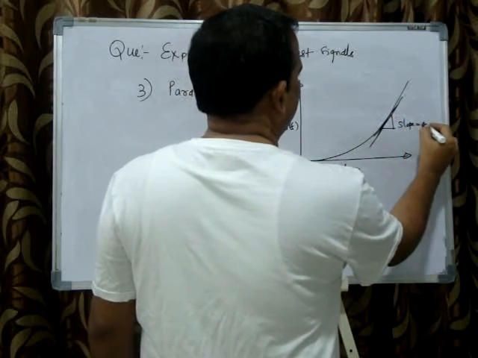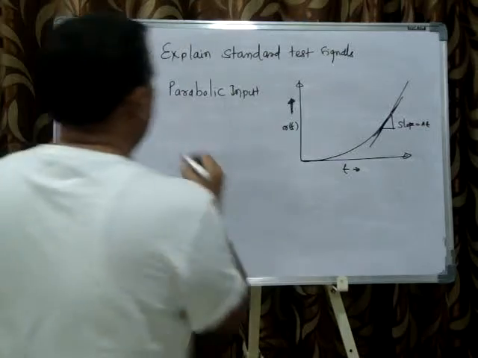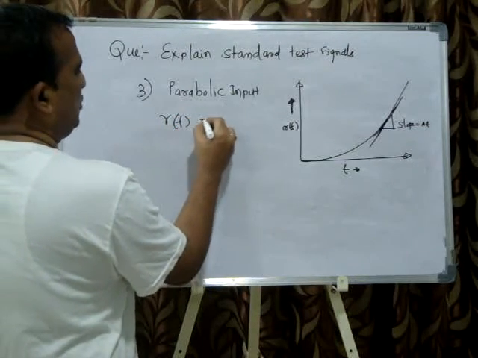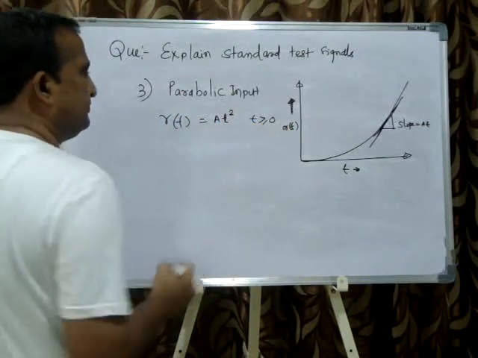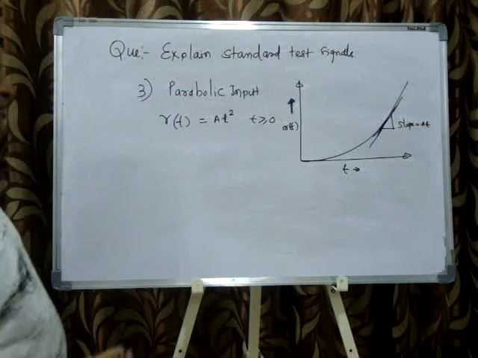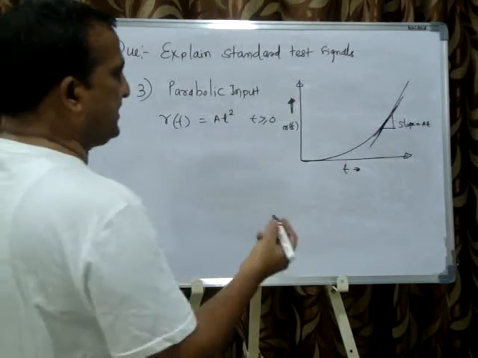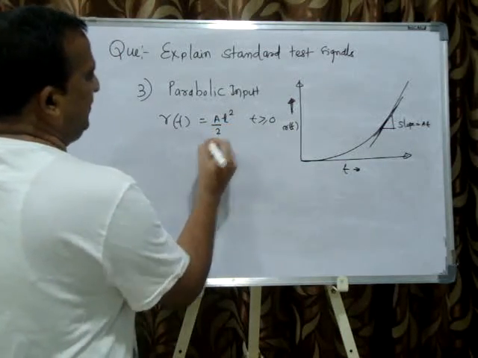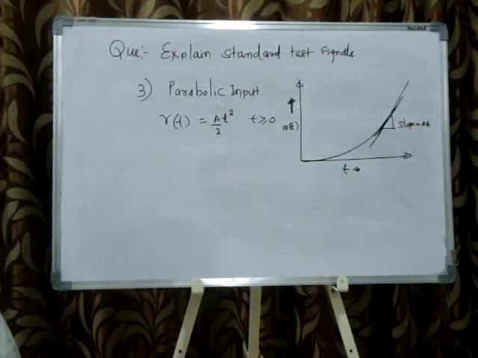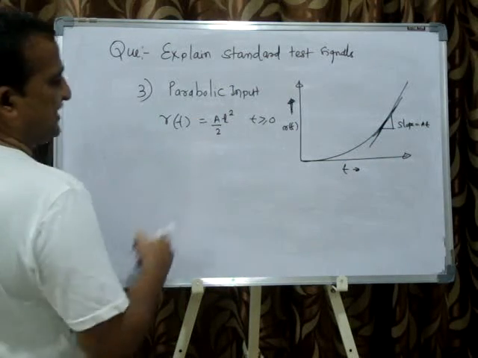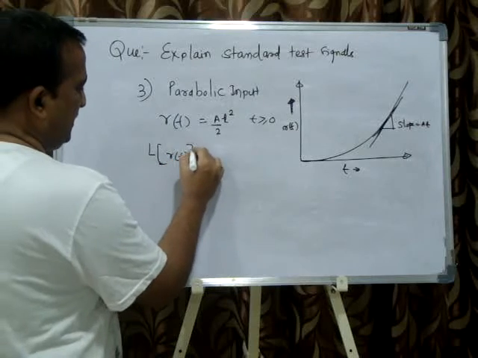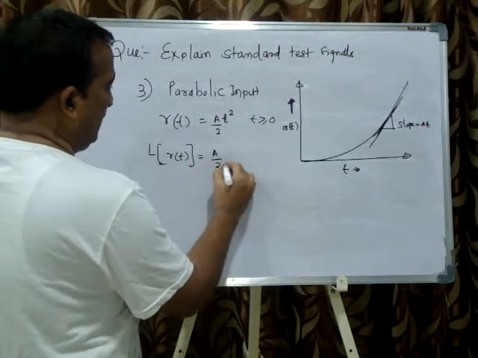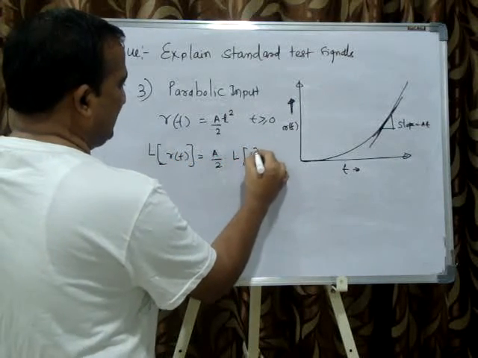At. So half parabola, I can write the equation of r of t equal to a t square when t is greater than or equal to 0. I can write a by 2 also, suppose, because half parabola. If I take a Laplace of r of t, it is equal to a by 2 Laplace of t square.